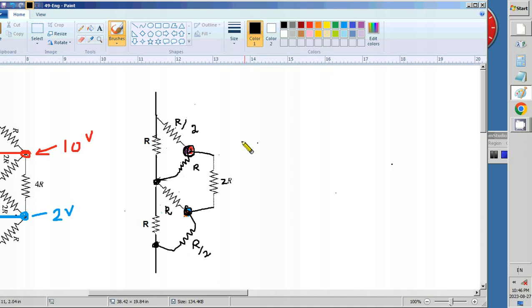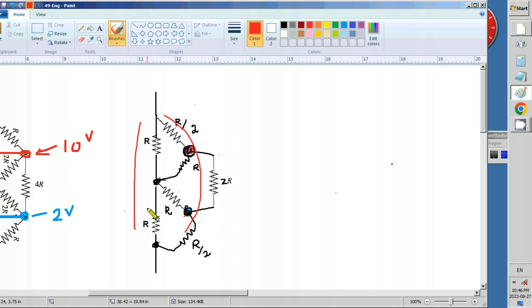Now we have faced the same problem. That means we can't find any combination which is in series or in parallel. This one is a complicated one. So again we have to check whether there are two equal potential lines. Obviously you can say this line and this line we can consider.